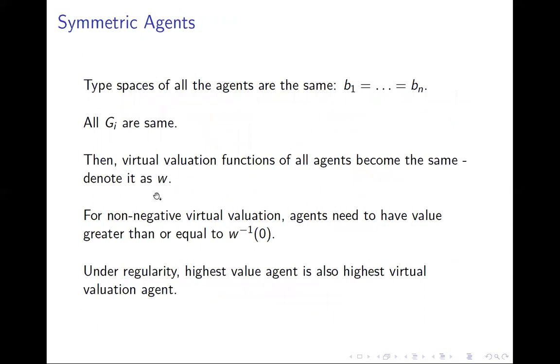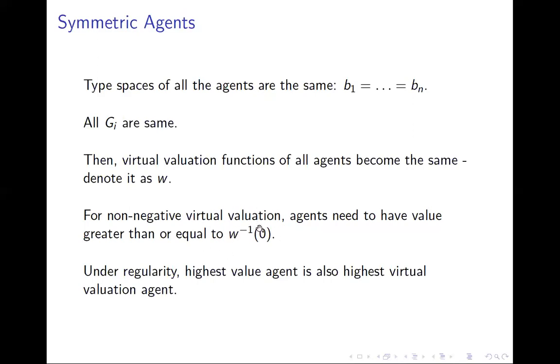Okay. And so this is the only one, one single virtual valuation function for all the agents. And remember, one important point in this virtual valuation function is the point where the virtual valuation function crosses the 0 point. And so that's your W inverse 0.